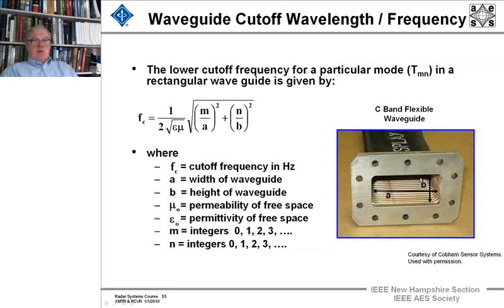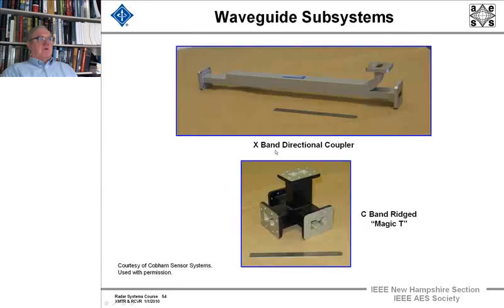And you can see from the geometry that the B dimension is less than a quarter. You can calculate the cutoff frequency just by this formula. I believe there's a little section in any waveguide book as to how you can calculate these. And usually these systems work in a TE10 mode.